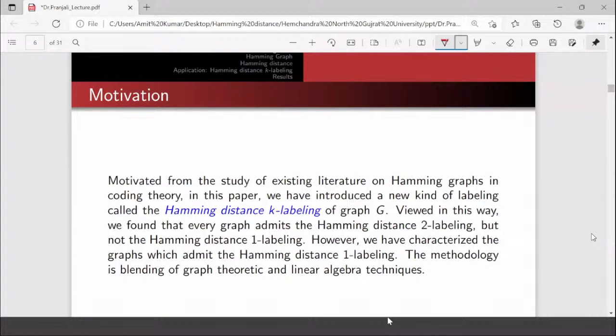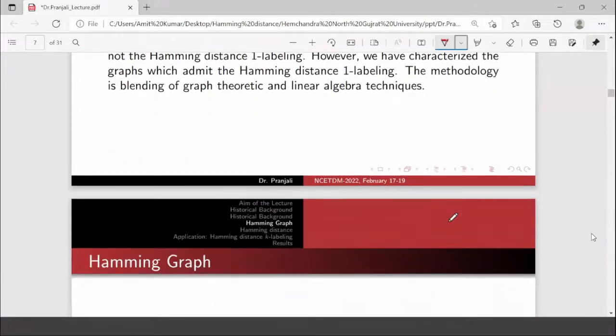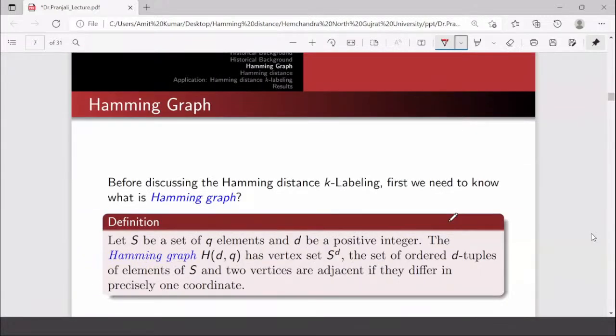We have introduced Hamming distance k labeling, and with respect to this labeling, we have shown that every graph admits a Hamming distance 2 labeling, but not a Hamming distance 1 labeling. However, we have characterized some graphs which admit the Hamming distance 1 labeling. In fact, this methodology is a blending of graphs as well as linear algebra techniques.